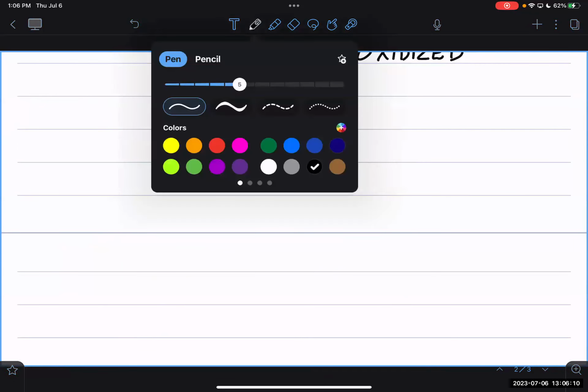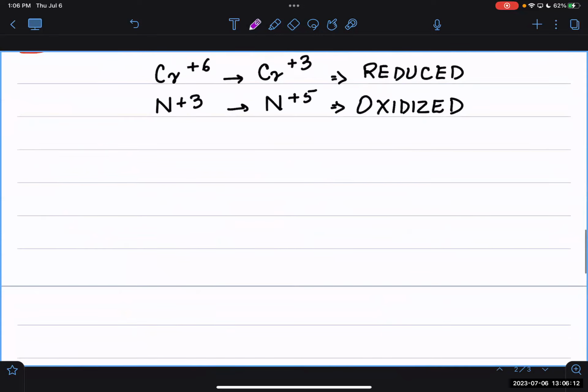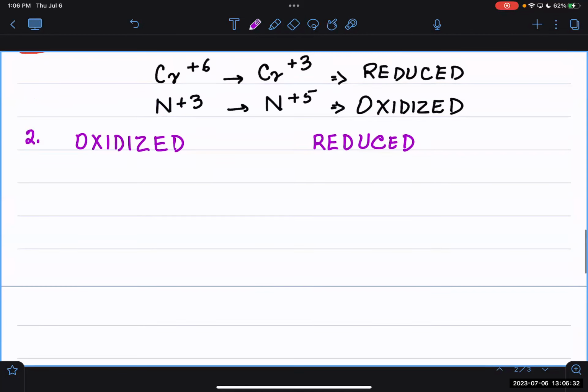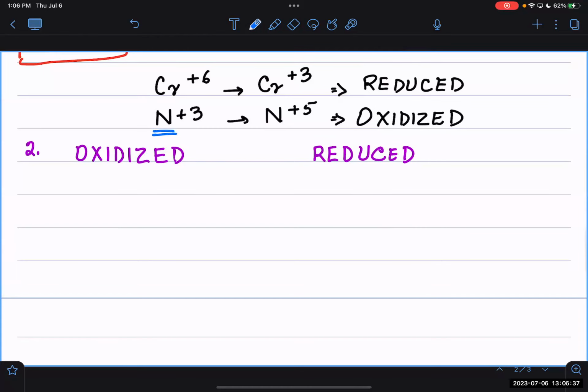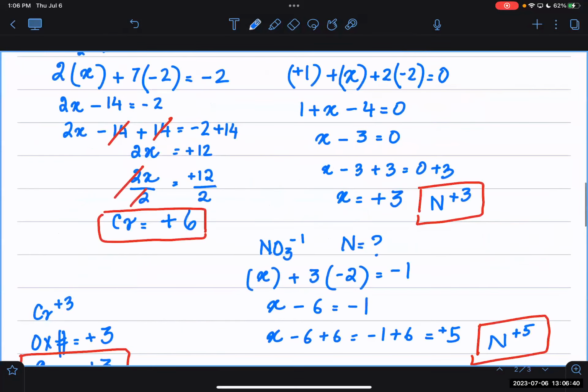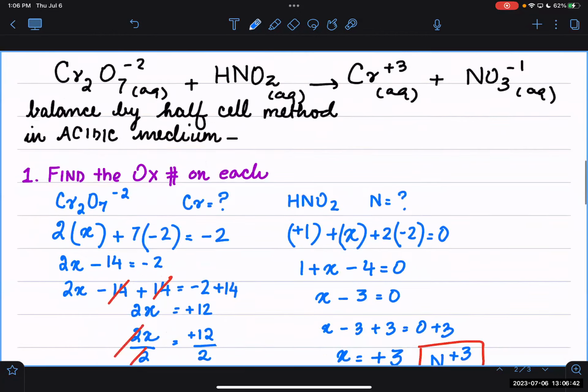Two cells, right? Break it up into 2 parts or 2 cells. So the second part is that we will look into the oxidized and the reduced cell individually. And we have to figure out how many electrons are being exchanged. Oxidized, so write down the whole piece. The main thing here was nitrogen. So whenever you see the species of nitrogen, we see HNO2 converting to nitrate.